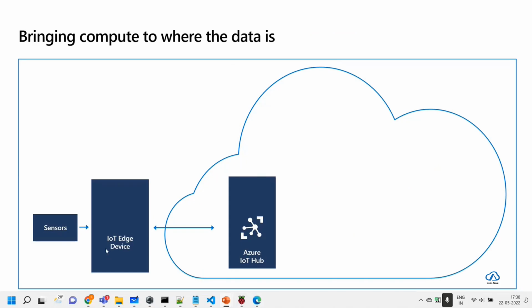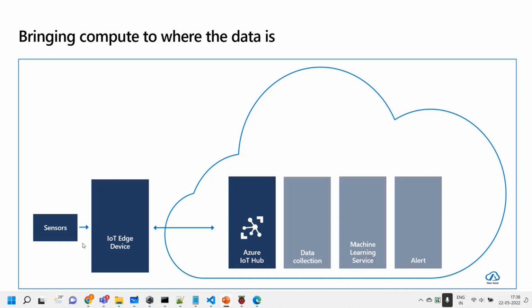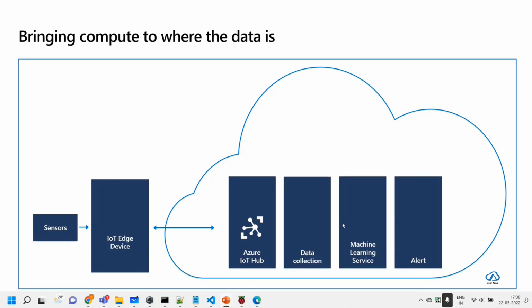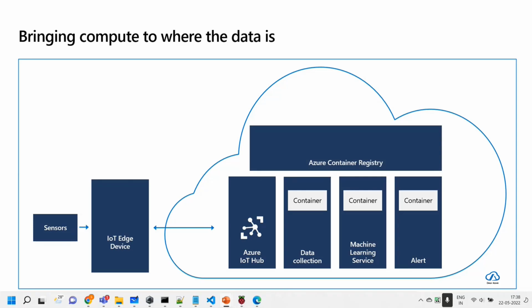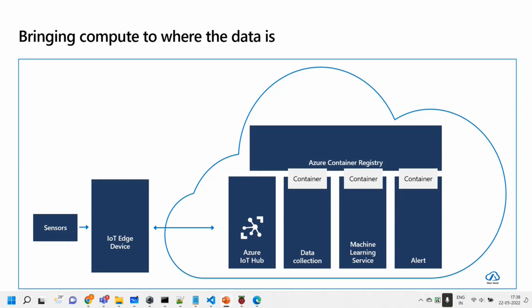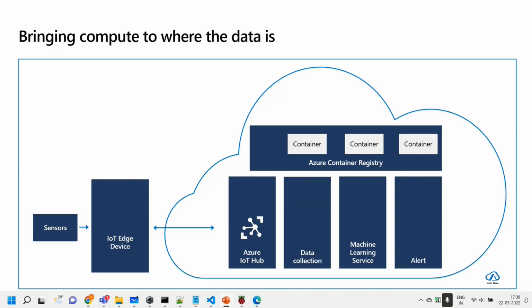We have the IoT Hub. It's connected to the edge. That's where the sensors are, right? What we want to do is create containers, for example data collection containers, machine learning service containers, and some alert mechanism containers. Now we would like to containerize and build the Docker images, and push them to a location called container registry.